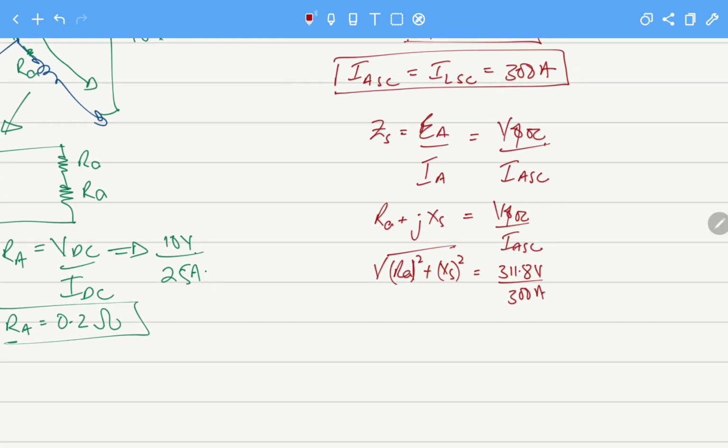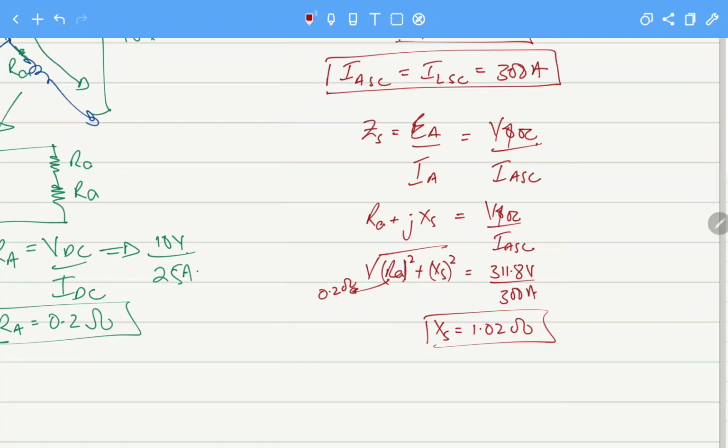If we solve this, and the value of RA we have already calculated as 0.2 ohms, the value of XS, the synchronous reactance, will become about 1.04 ohms.